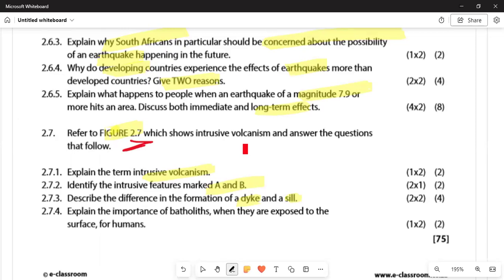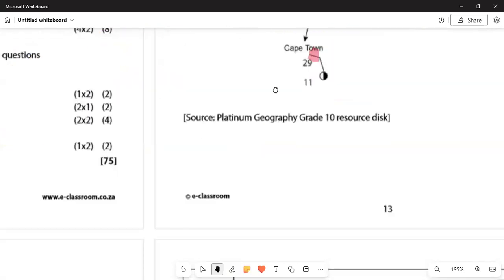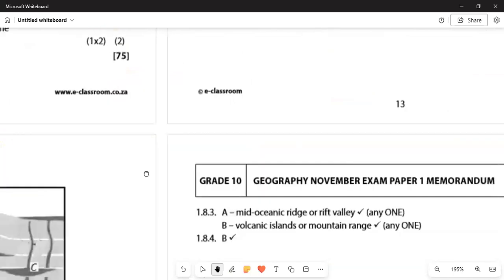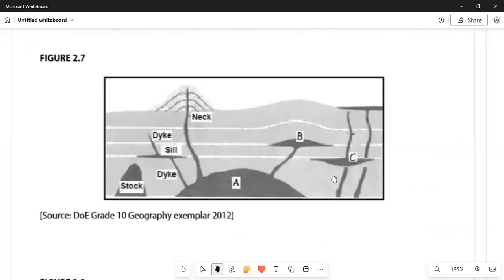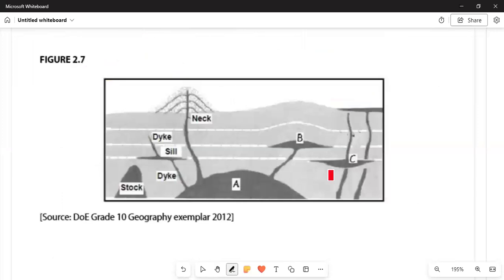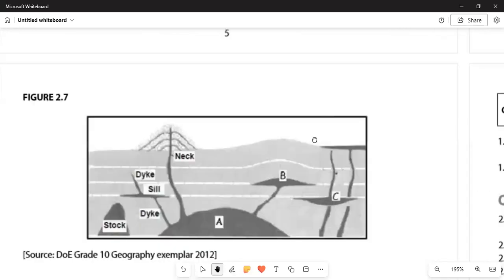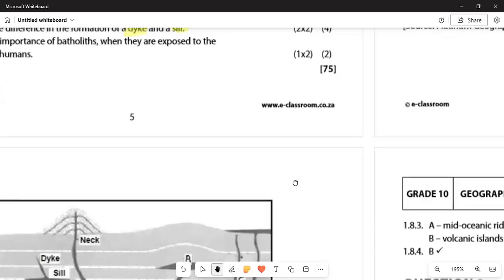In 2.7.1, explain the concept of intrusive volcanism, and identify the features marked A and B. You can see that we have the neck, the dike, the sill, the stock, and we must label points A, B, and C. That is the question. So check those.